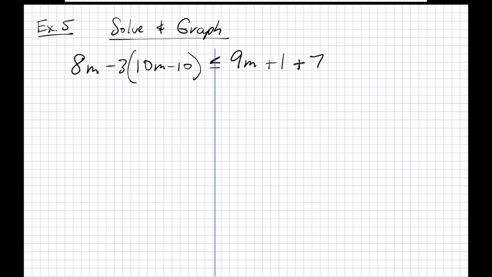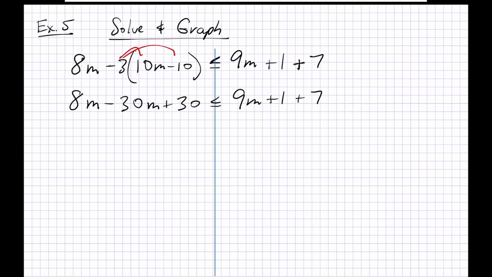Okay, so the first thing I'm going to do, if you're still working, go for it. I'm just going to get started here. Distribute, because I need to do distributive property. So we got 8m minus 30m plus 30. Okay. Combine like terms.